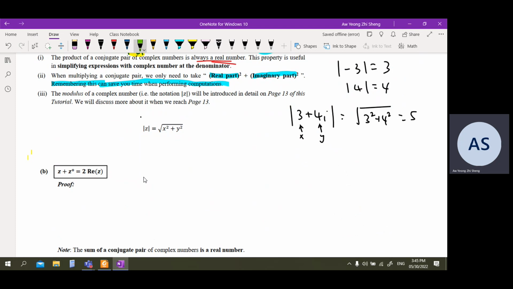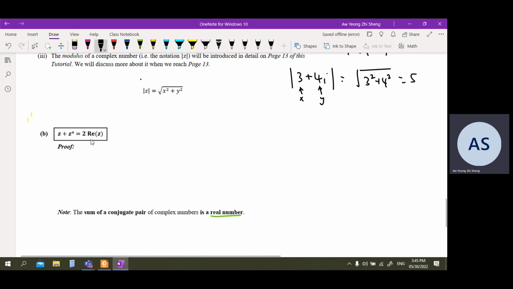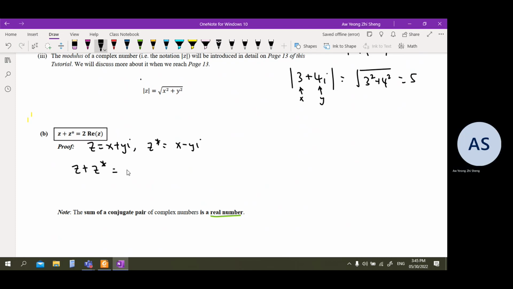And this is just for you to be aware that when you add up a pair of conjugates, don't be surprised if you get a real number, because it's a guarantee that you will get a real number. And so the proof is easy. If your z is x plus yi, your z star will be x minus yi, so that z plus z star will be x plus yi plus x minus yi, where your plus yi and minus yi will cancel, giving you just a 2x.